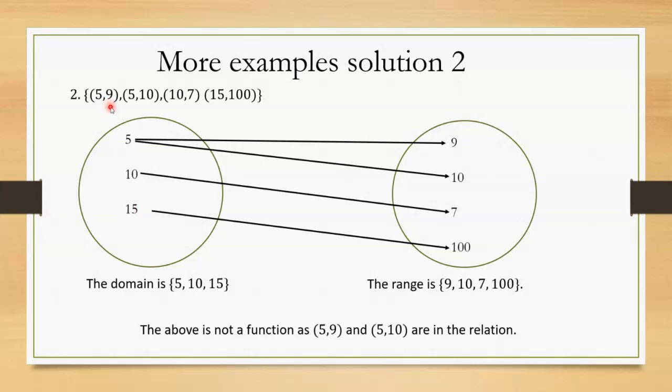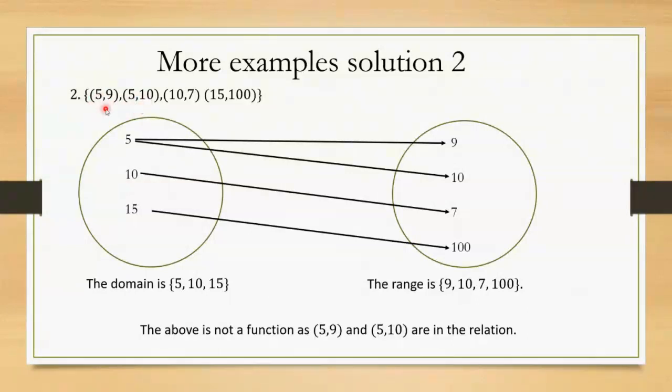And what about the range? We have 9, 10, 7, and 100. These are all in the range. And you can see from here that we're not going to have a function. Why is that? Mostly because 5, 9 and 5, 10 are both in here.